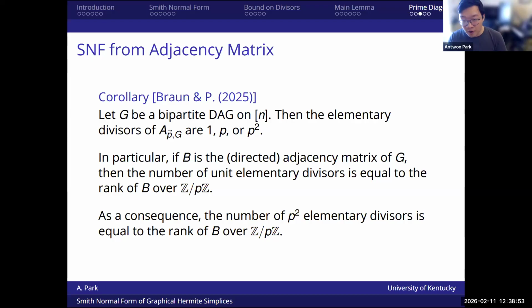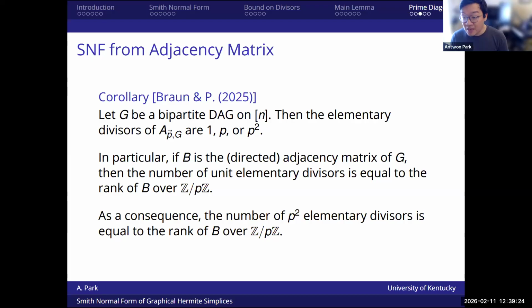But this is the cool part. Ignore the diagonal. Only focus on the directed adjacency matrix, the upper triangular portion of our simplex. The number of ones showing up in your Smith normal form is equal to the rank of that matrix over the finite field Z mod PZ. Because we're working with bipartite DAGs, for every one that shows up, there is a corresponding p squared that shows up.